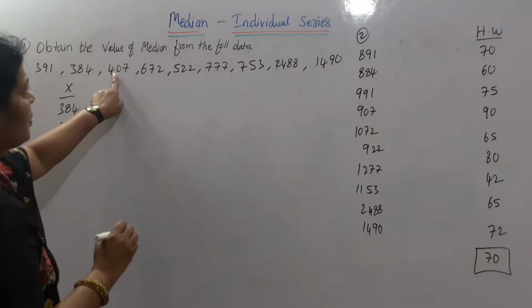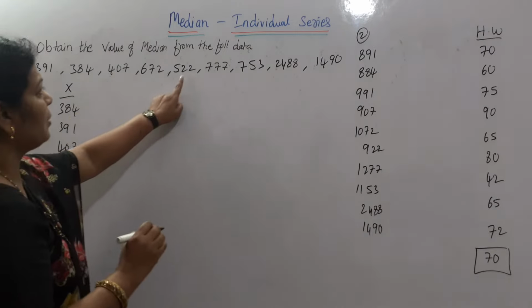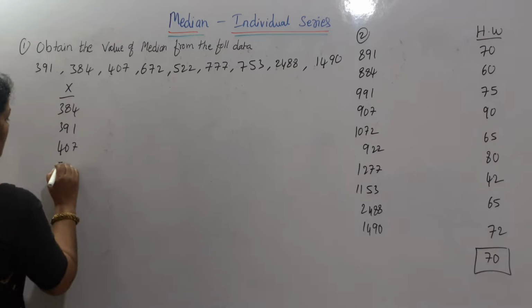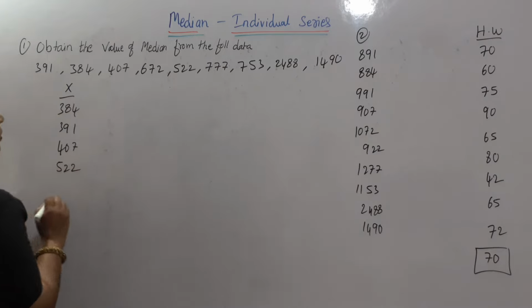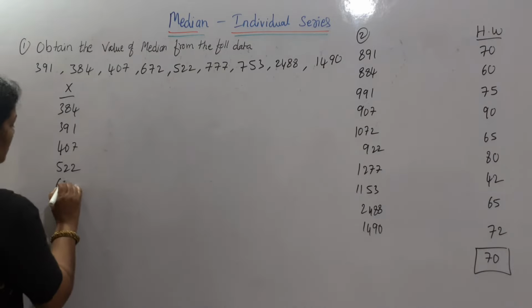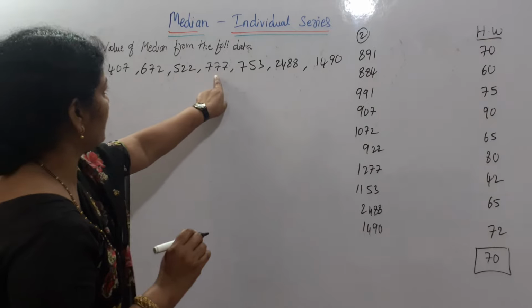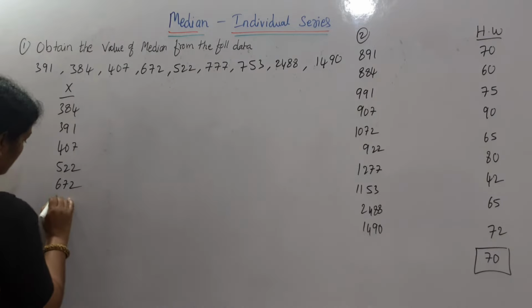next 407, then after that 522, after that 672, next 753.